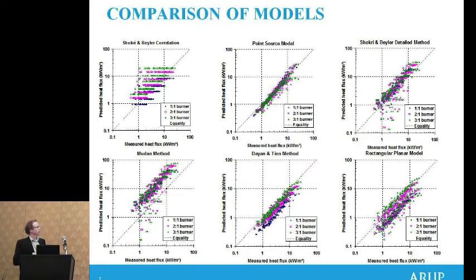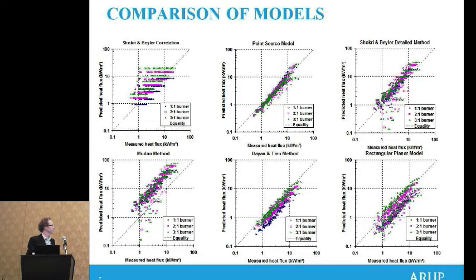Just going briefly through the models, the first one is the simple correlation based on experimental data, and it has quite a wide scatter of data, so not overly accurate. The point source model was seen to be the most accurate model, so it had the best match to experimental data under the conditions tested in the experiments.